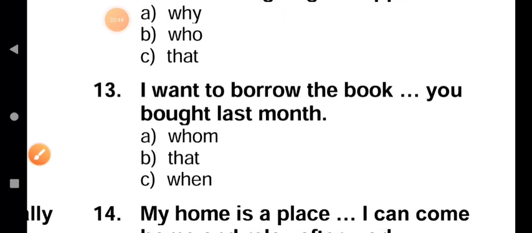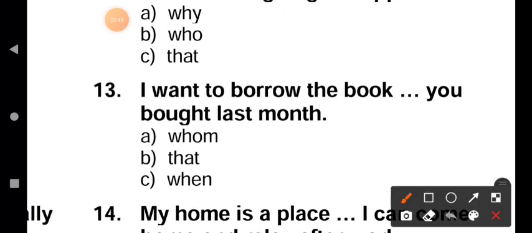And the next, 13th question is, I want to borrow the book. The book is other than persons or things. I want to borrow the book. Whom, and when indicates time. The right answer is that. I want to borrow the book that you bought last night.